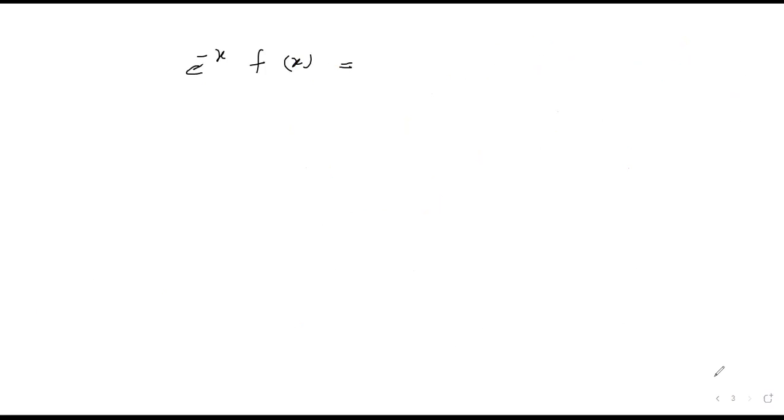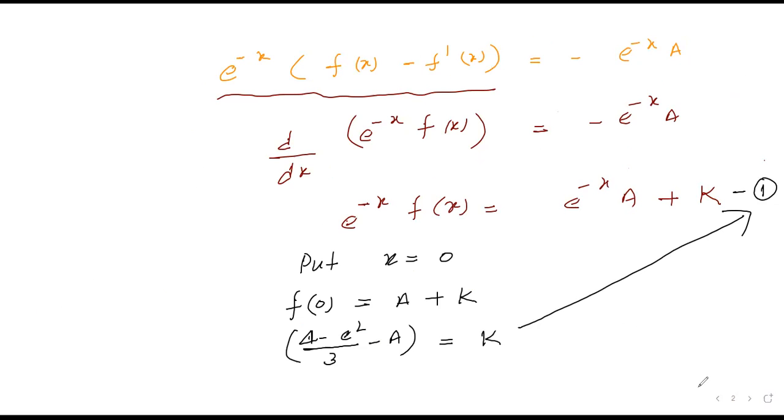So you can write here e^(-x) into capital A plus K, where K is (4 minus e²)/3 minus A.